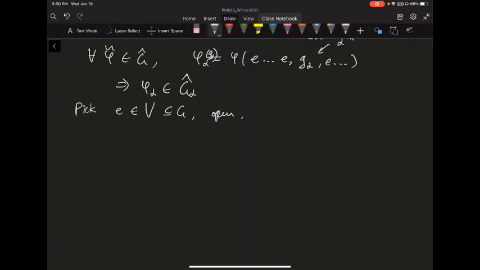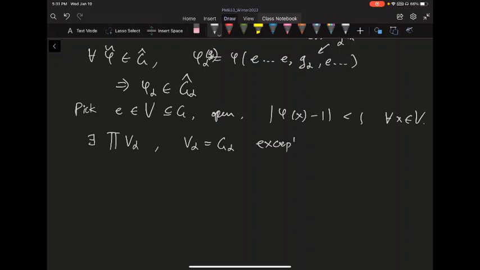Then I can think about what happens when the absolute value of phi of x minus 1 is less than, let's say, 1 or some small epsilon, for all x inside V. Because you have a product topology, there has to exist some product of V alpha where most of the V alpha are equal to G alpha except for finitely many alpha, and this is going to be contained in your open set V. That's the basic open neighborhood of the product topology.